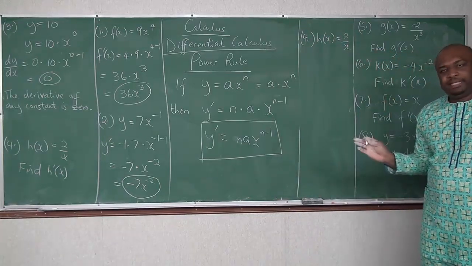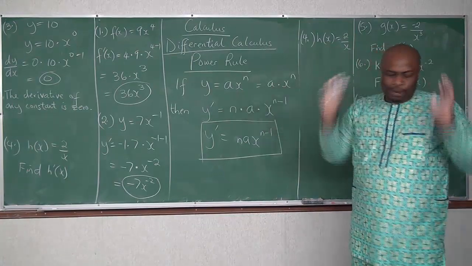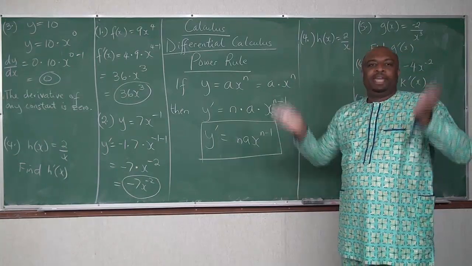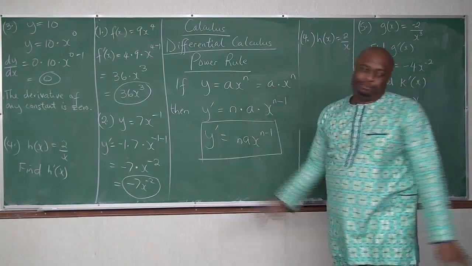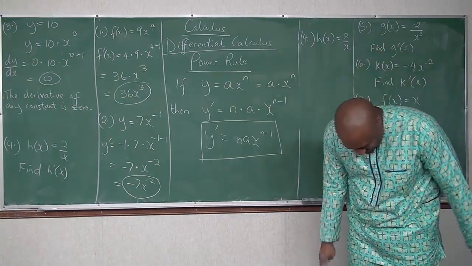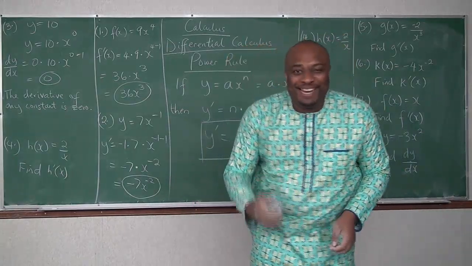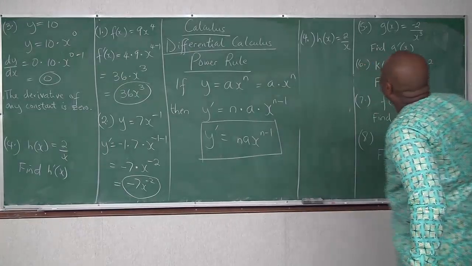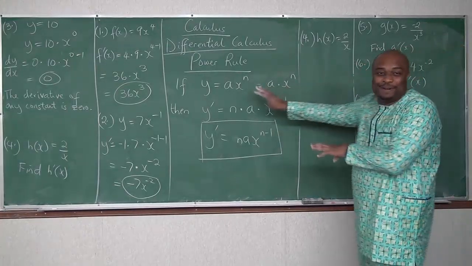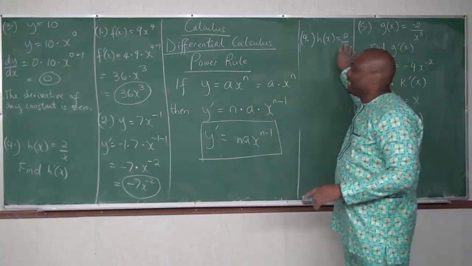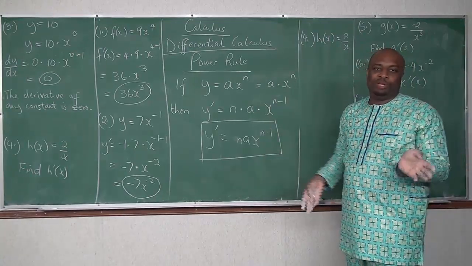But before we solve this, we must put it in the power rule form. So we have to put it in this form first. Then, what we have done, we have to put it back in the form of fraction. That is what we do.